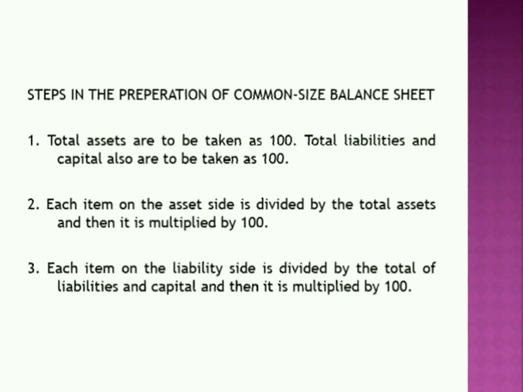In the third step, each item on the liability side, including the capital, is divided by the total of liabilities and capital, and then multiplied by 100. Thus each item on the liability side is expressed as a percentage of total liabilities and capital.